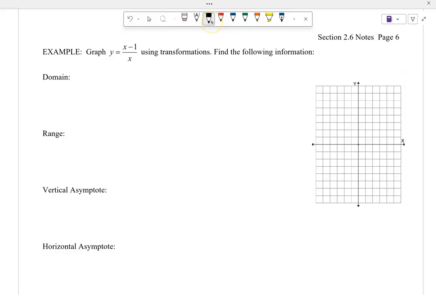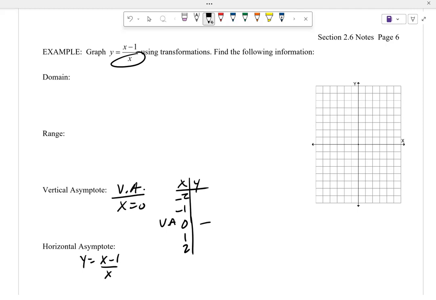So the vertical asymptote, where's this thing undefined? x equaling 0. So if I'm plugging points in, I'm doing it around 0. This is a vertical asymptote, but I can plug in points around that. As far as my horizontal asymptote, the degree of the top is 1, the degree of the bottom is 1.